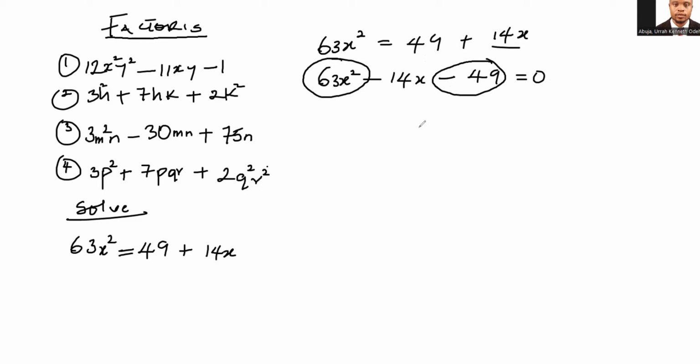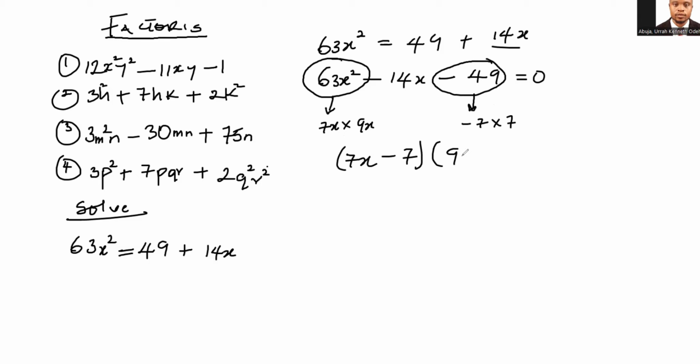So this we have 7x times 9x. And for this, we have minus 7 times 7. All right, so open a bracket, and we have 7x minus 7, close the bracket, open the bracket.